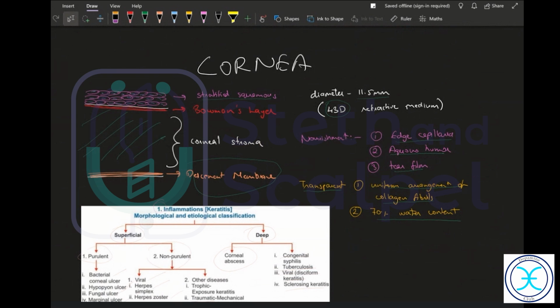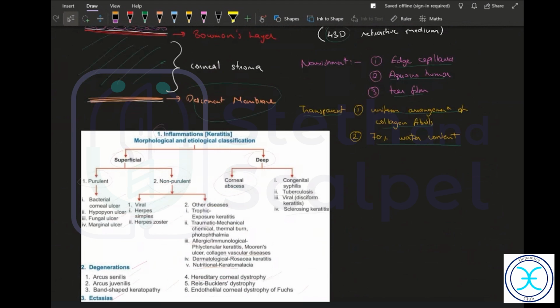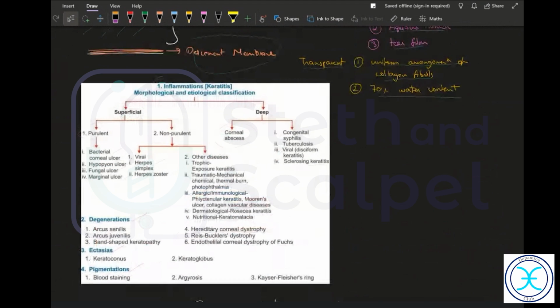So that's why we need to know why it maintains its transparency, and in all of these conditions, that transparency is going to be lost. In inflammations or degenerations or dystrophies or pigmentations or lines, the transparency of the cornea is going to be lost.